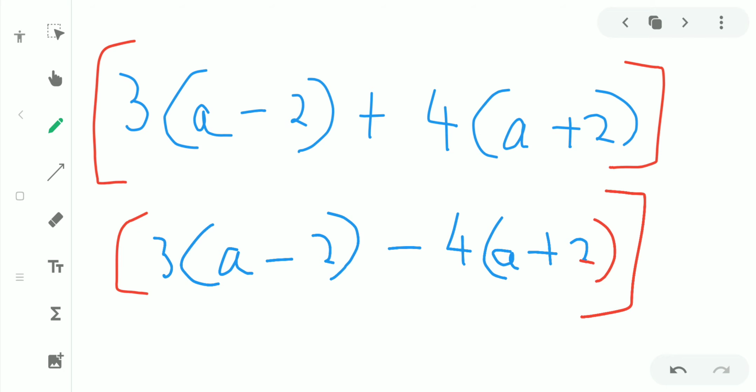So now let us simplify it. 3 times a minus 2 I can write as 3a minus 6.